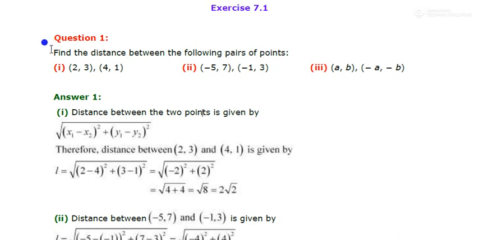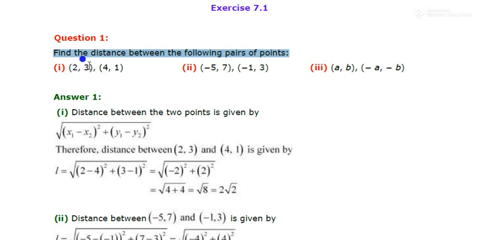See here what is given in question number first. Find the distance between the following pairs of points. In question number first, three parts are given, and in the first part 2 points are given with coordinates x1, y1, x2 and y2. We have to find the distance between these 2 points.